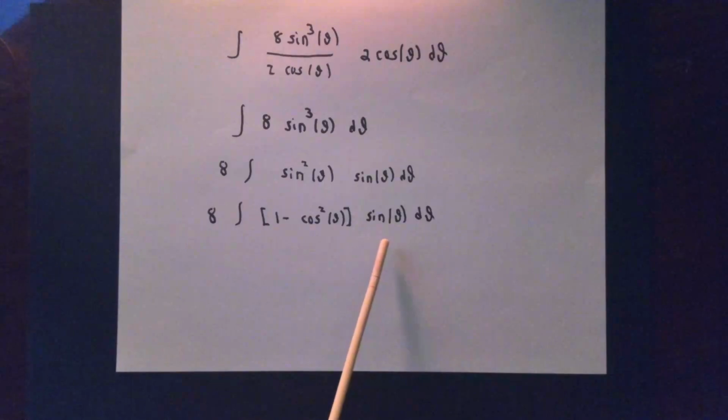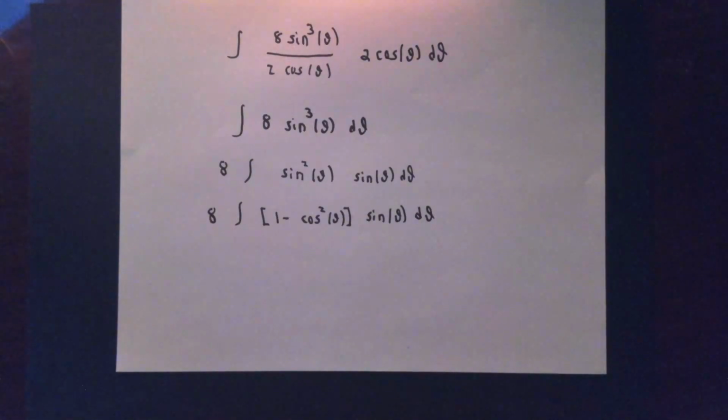I have a factor, sine of theta, which is very similar to the derivative of something else that's running around in the problem. It's very similar to the derivative of cosine theta. So what I'll do is a second layer of substitution. I'll let u equal cosine theta.